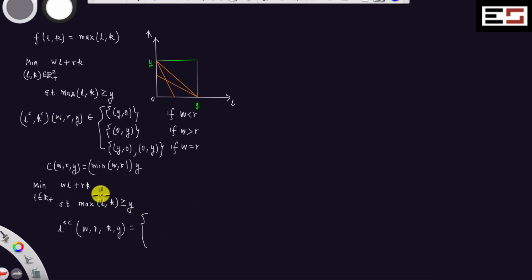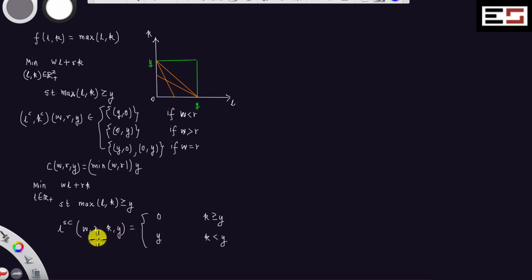In this case, if capital is sufficient to produce y units of output, then you'll employ 0 units of labor. And if capital is insufficient to produce y units of output, then you'll have to employ y units of labor to achieve y units of output.